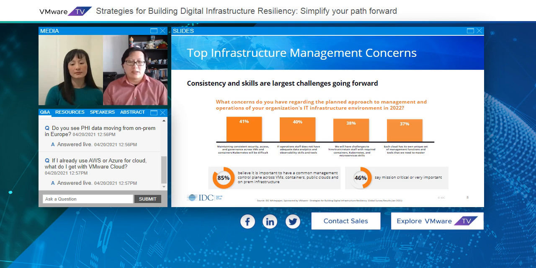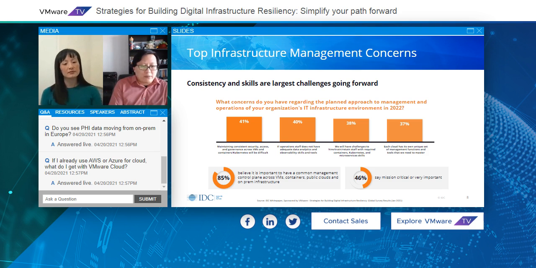Those are focused on a theme around consistency, and then the middle two are focused around concerns around skills, right? So you have people with existing skills, and new technologies coming in that they have to get acquainted with, and so there's obviously a lot of interest in people who know how to do containers and Kubernetes and microservices.